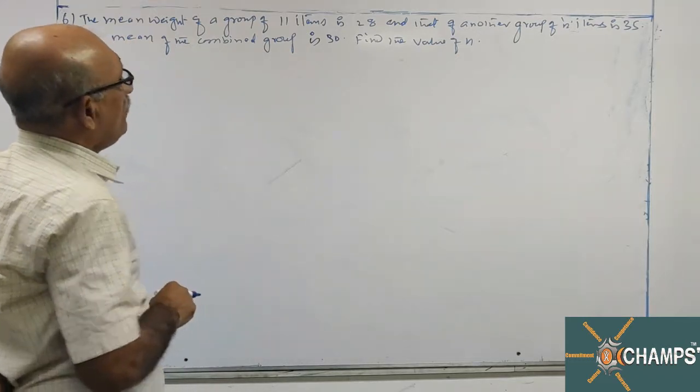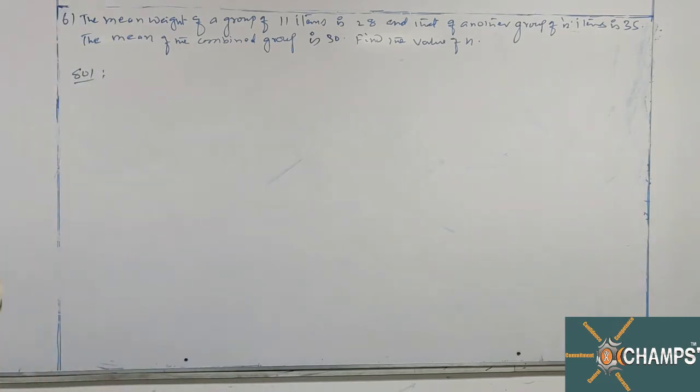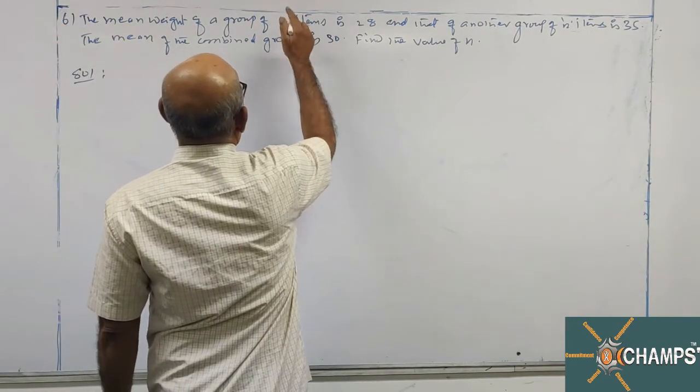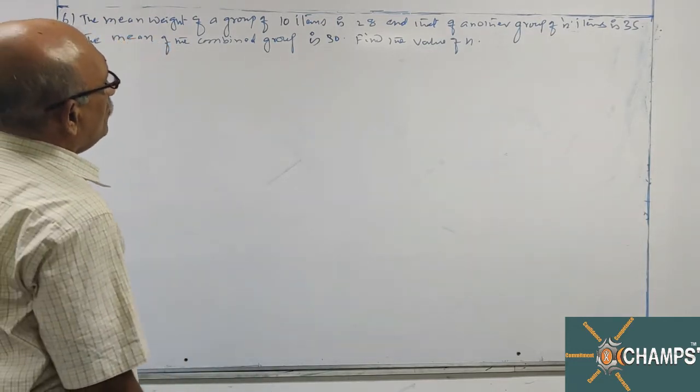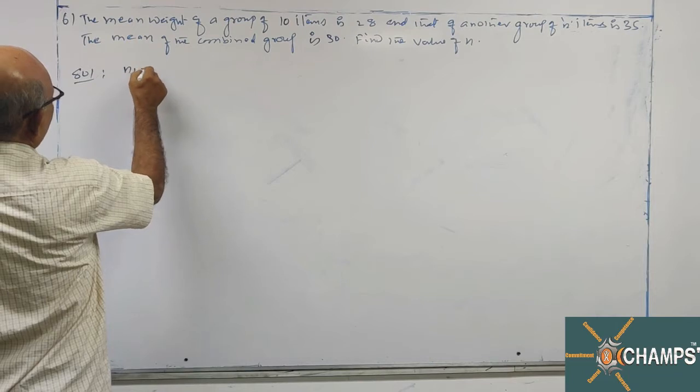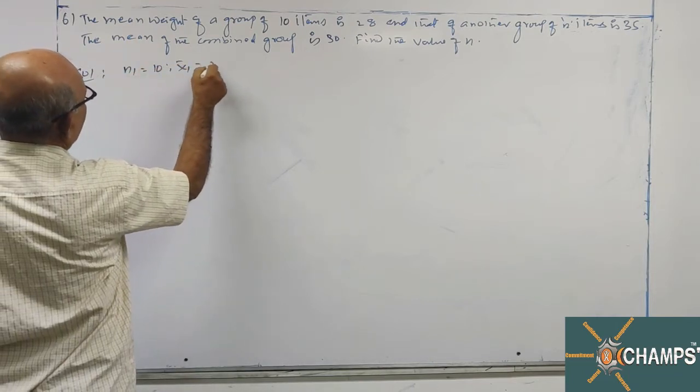The mean weight of a group of 10 items is 28. N1 is equal to 10, x1 bar is 28.